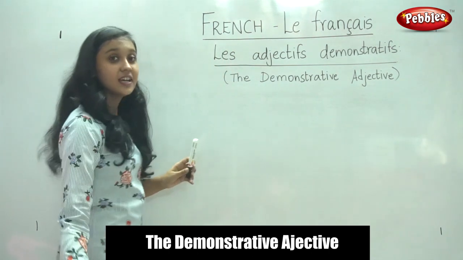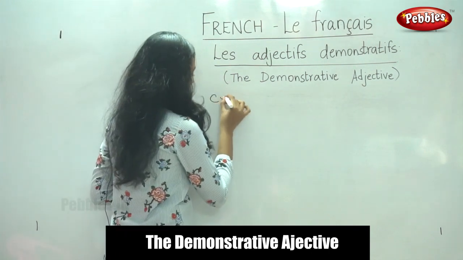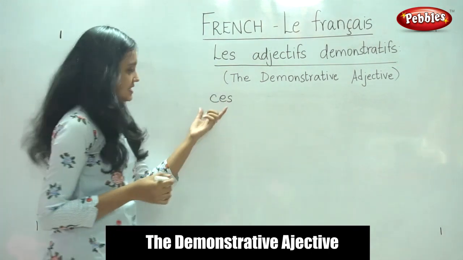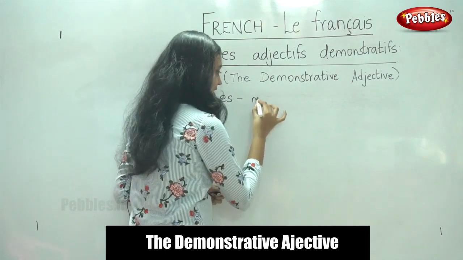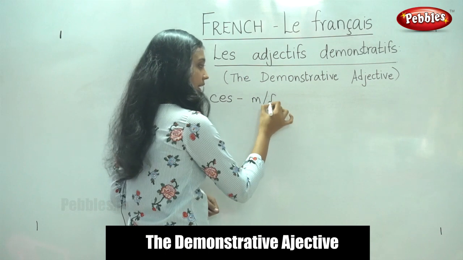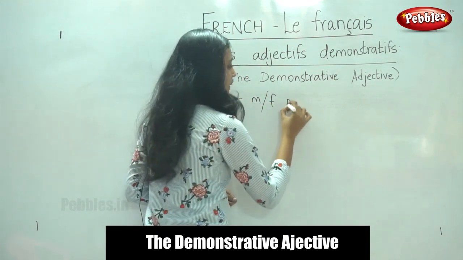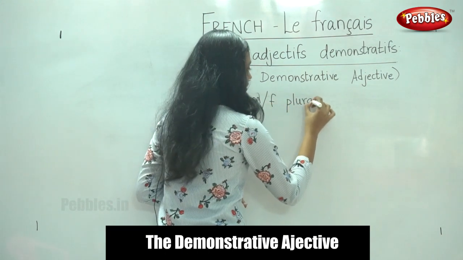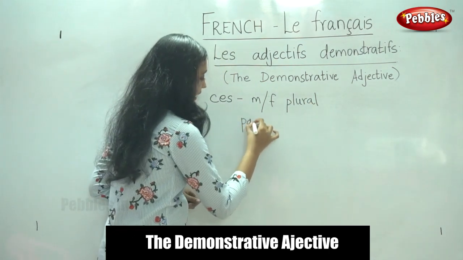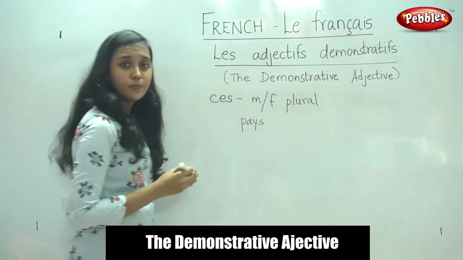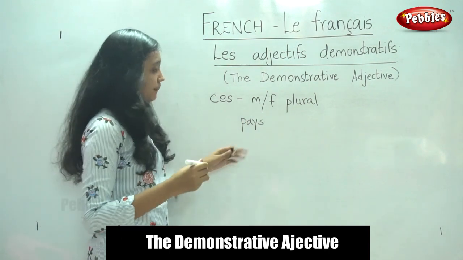And finally, the last word, ces. You must have guessed, yes, this word is used before a masculine or a feminine noun which is in the plural form. For example, do you remember the example pays? Now the plural for pays is also pays.